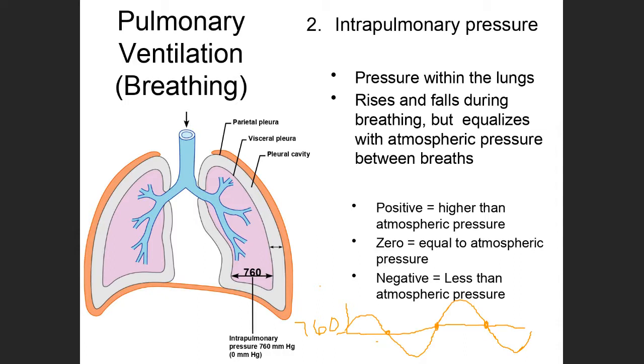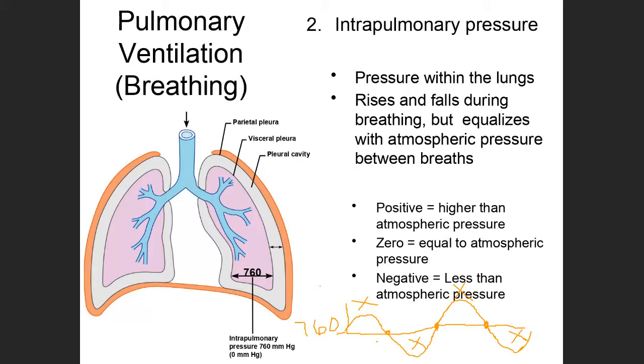When it's higher than atmospheric pressure, like you see here and here, you're exhaling, when air is moving from an area of higher pressure within the lungs to an area of lower pressure. When the pressure in the lungs is lower than atmospheric pressure, like you see here and here, that's when you're inhaling, because air is moving from an area of higher pressure outside the lungs to an area of lower pressure inside the lungs.